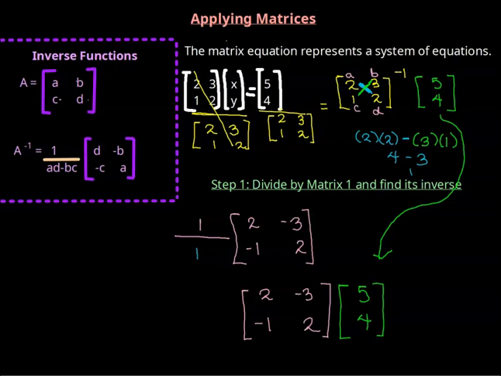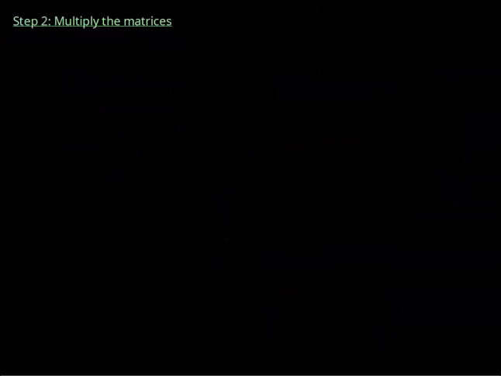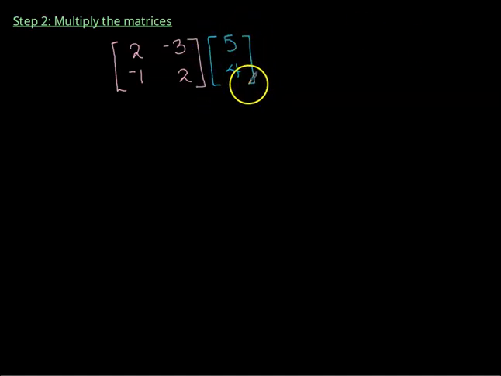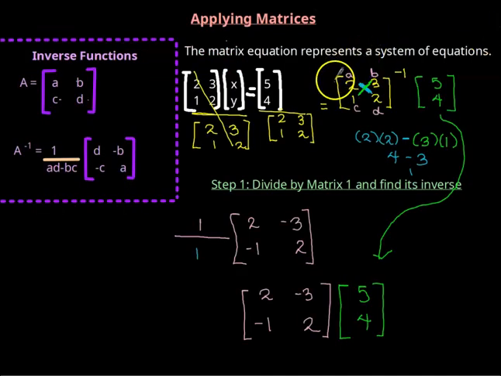So here's where the real work comes in. Let me just move this matrix over, and we're going to get ready to multiply these 2 matrices. So this first one, again, was 2, negative 3, negative 1, and 2. And the second matrix was 5 and 4. And just showing you, again, that's what equals xy.